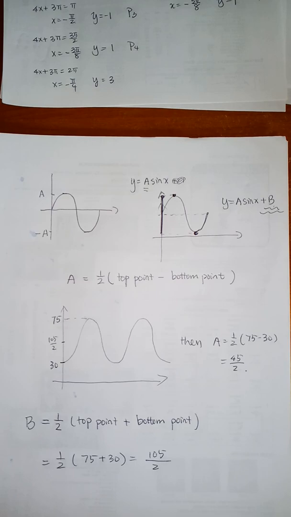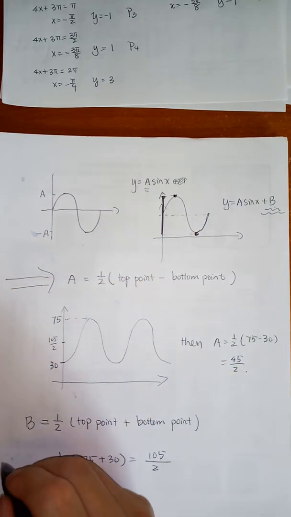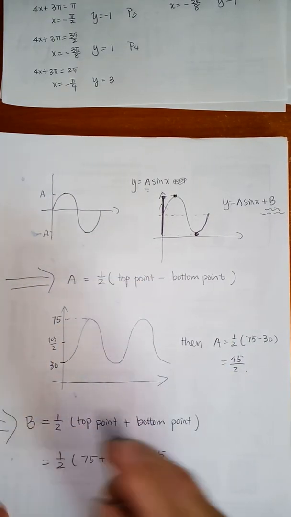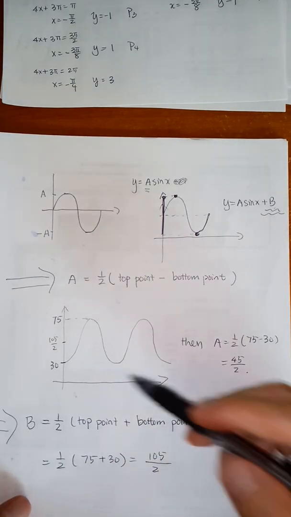Okay, so this is the amplitude and the vertical shift. Those two formulas are very important. Vertical shift and amplitude: how do we read it from the graph directly once it is moved?